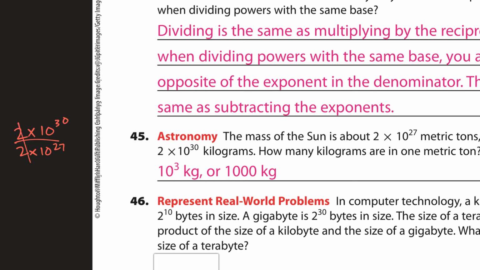And these would cancel. And it's basically 10 to the 30th divided by 10 to the 27th, which is 10 to the 30 minus 27, which is 10 to the third. And that is what we got.